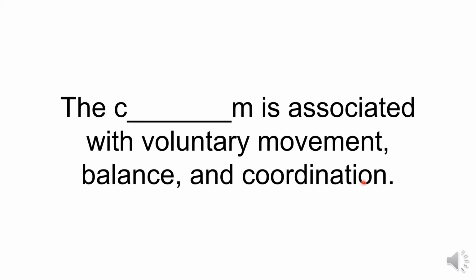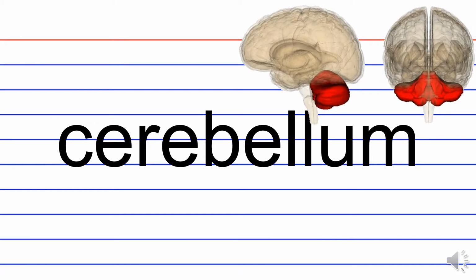So what brain structure is affected when you get drunk? And that would be the cerebellum. It's highlighted here in red on a sagittal slice.